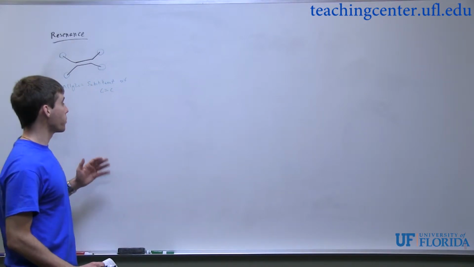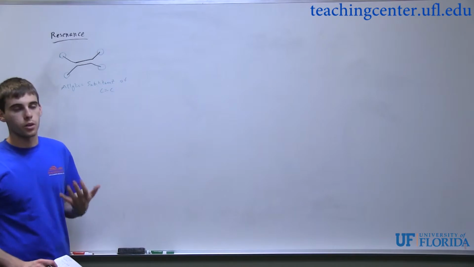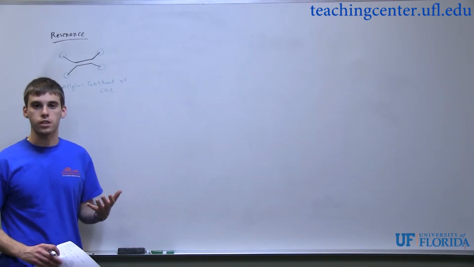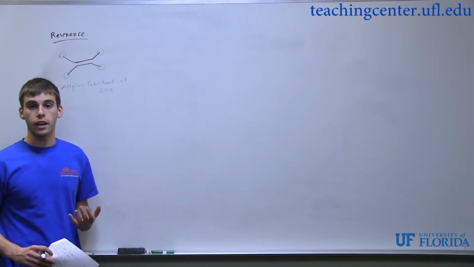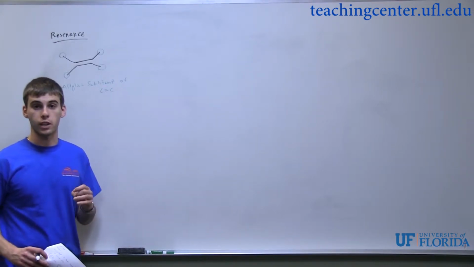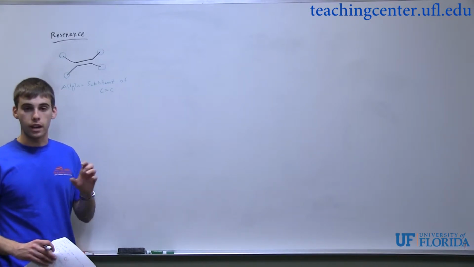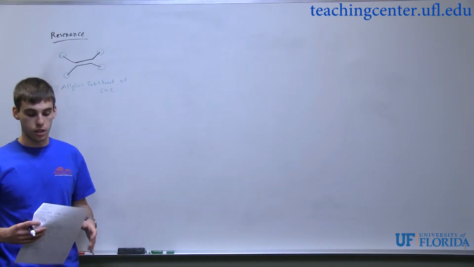Okay, so now let's talk about how to actually draw resonance structures. A lot of times people will understand what resonance is, but look at molecules and not exactly be sure where to start. So the way that I like to think about drawing resonance structures is by looking at patterns of arrow pushing that you can draw and recognizing positions of electrons, charges, and then seeing what you can do.